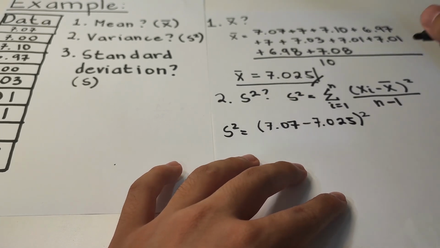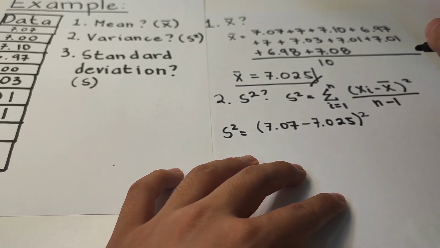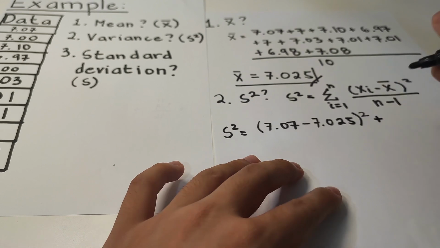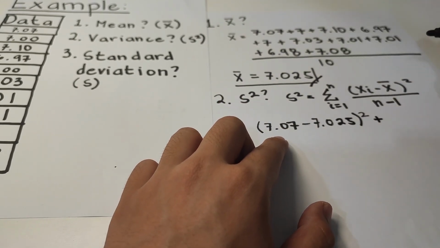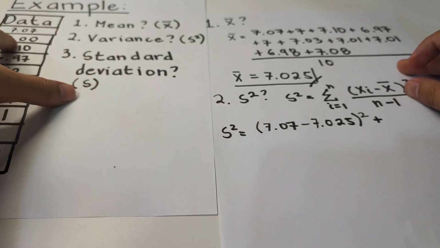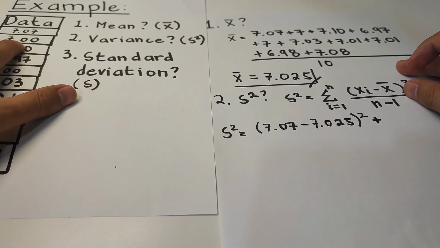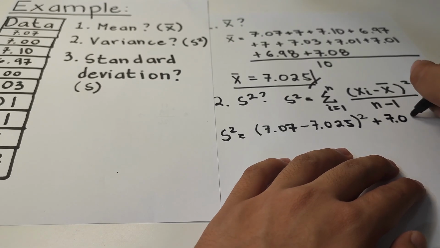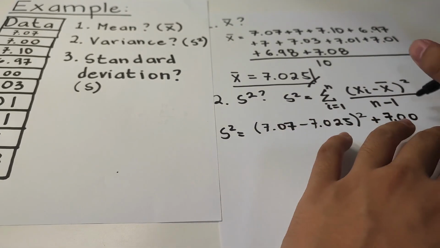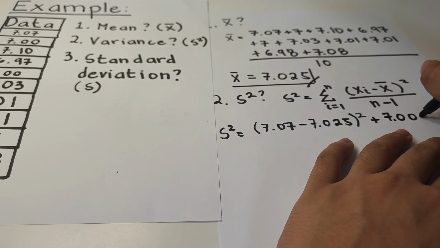And then we'll do it again. This is for the first, and now the next one will be 7.00 minus 7.025.